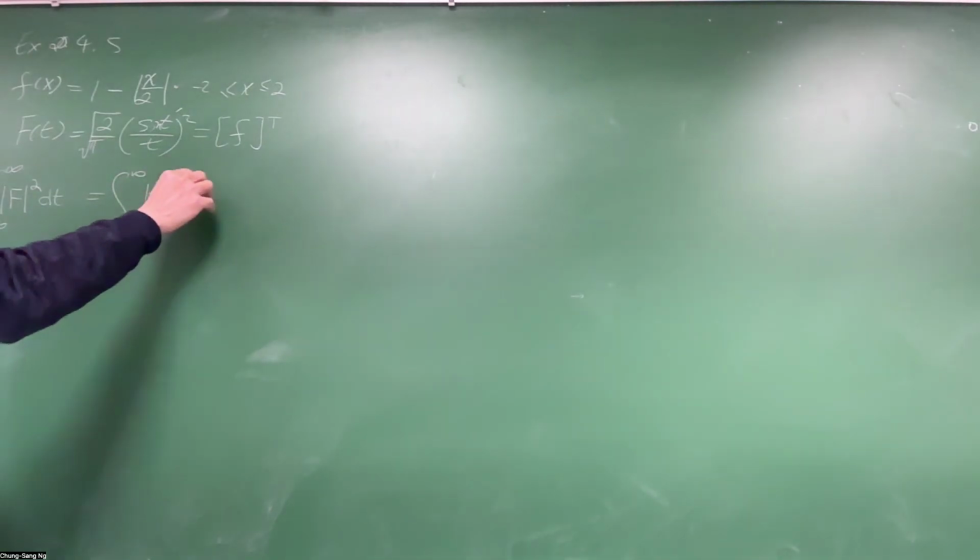And the Parseval identity using the symmetric convention is that the integral of this f squared, in this case, again, t is the transform variable, from minus infinity to infinity is just the original function squared, right?